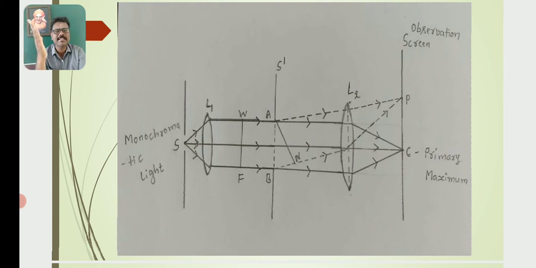Let us consider one of the points, say P, on the screen, where P may be dark or bright, minima or maxima, depending on the path difference between the rays meeting at point P. So this is the way of obtaining a diffraction pattern in the Fraunhofer diffraction method.